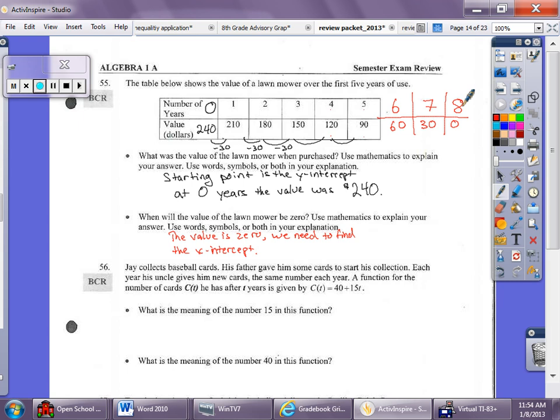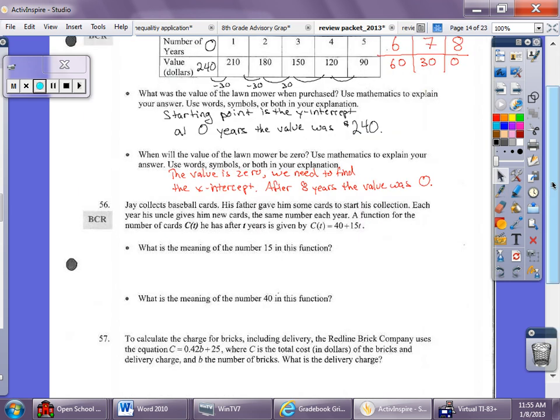So after 8 years, the value of the lawnmower was $0.